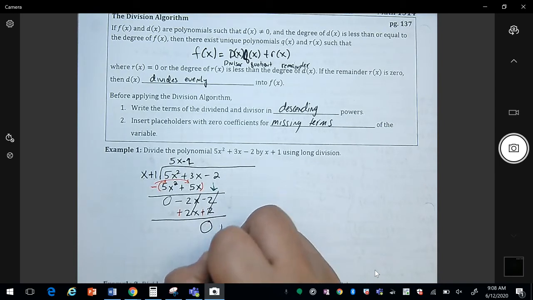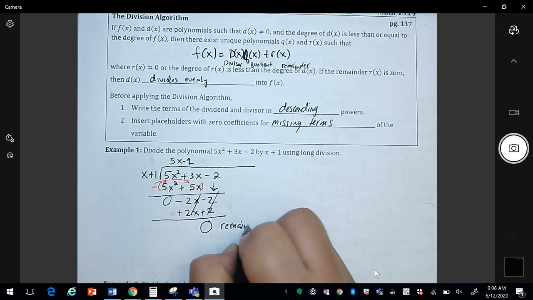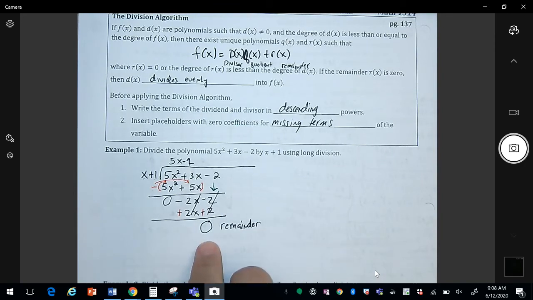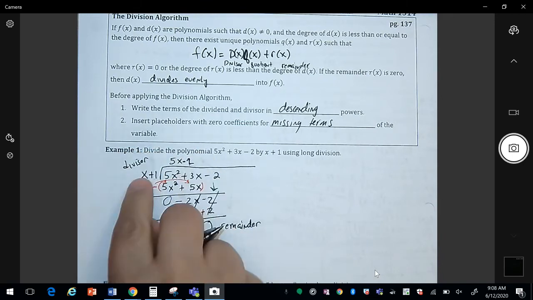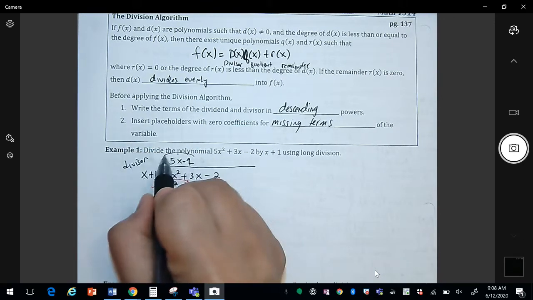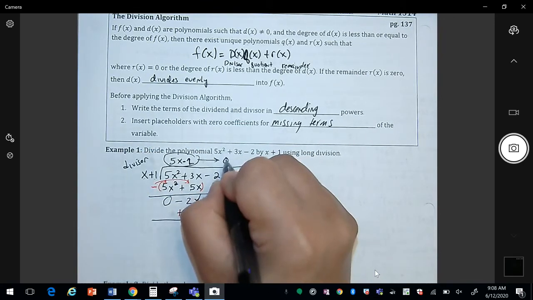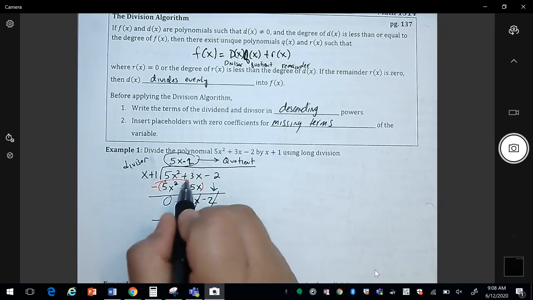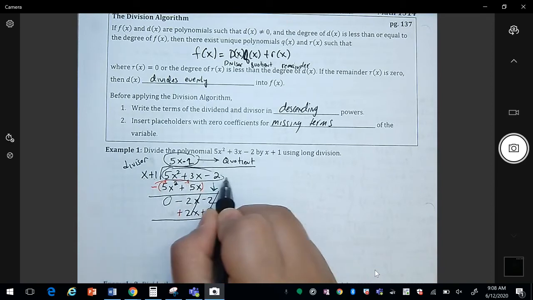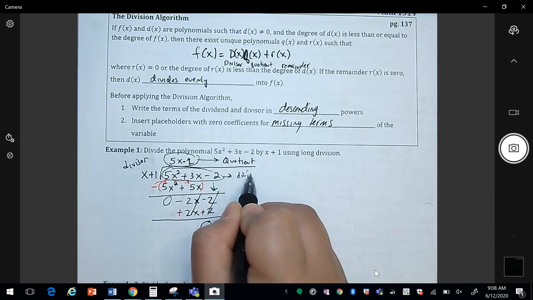So we say that our remainder is 0. This is our divisor, x plus 1. And then our quotient is 5x minus 2. And everything in here is our dividend.